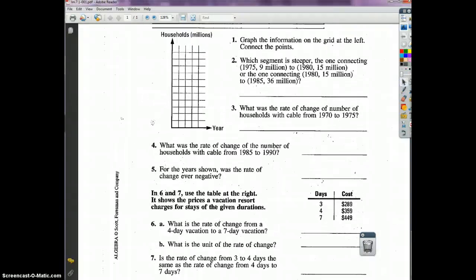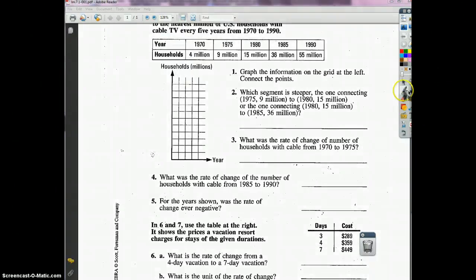So let's look, this is your X1, Y1, and this is your X2, Y2, okay?